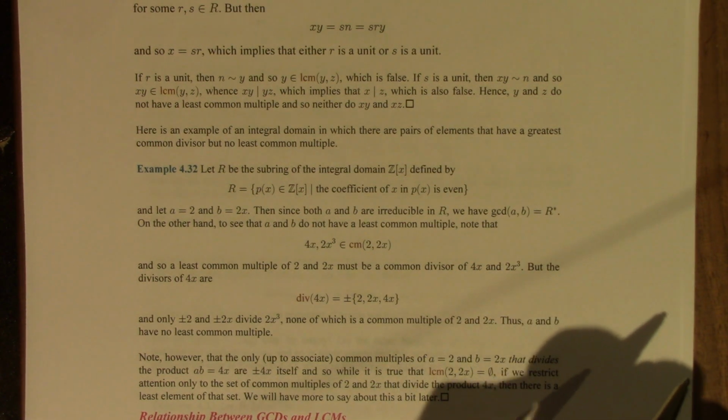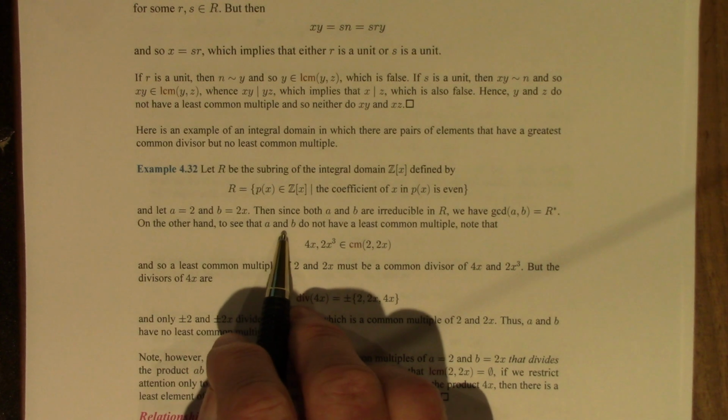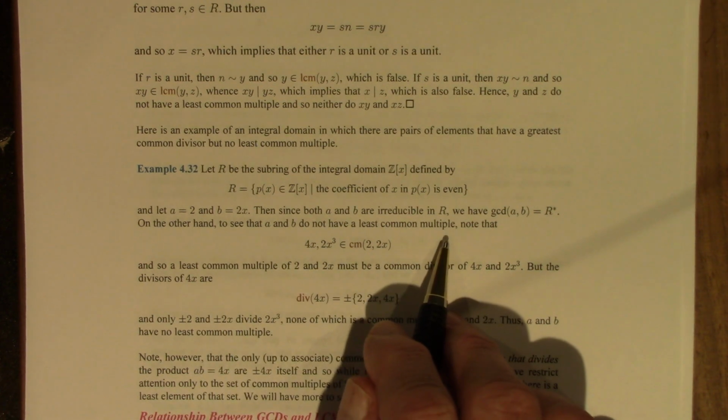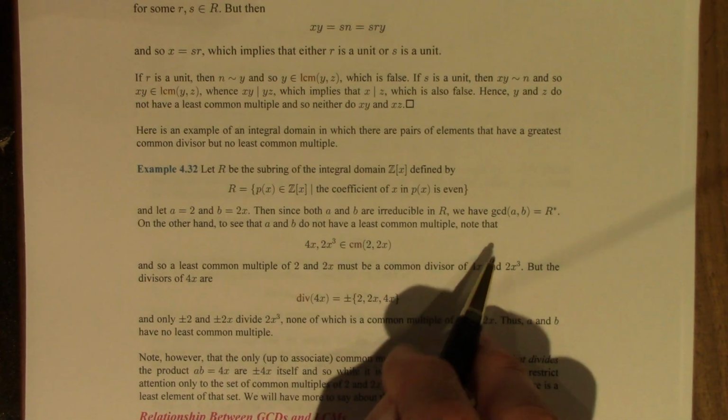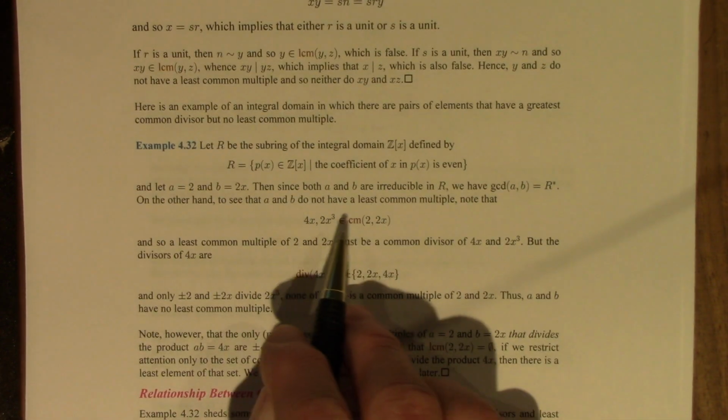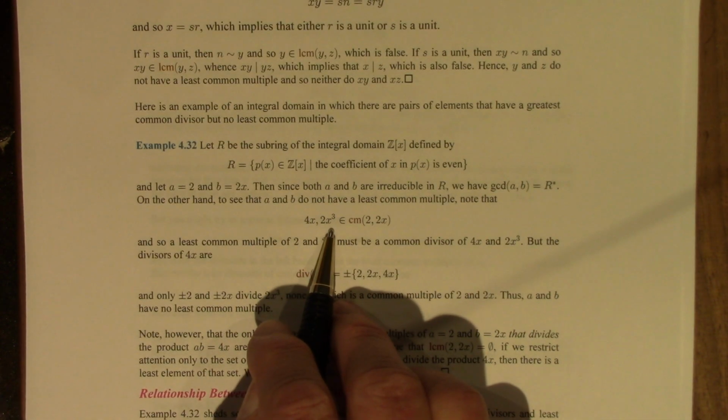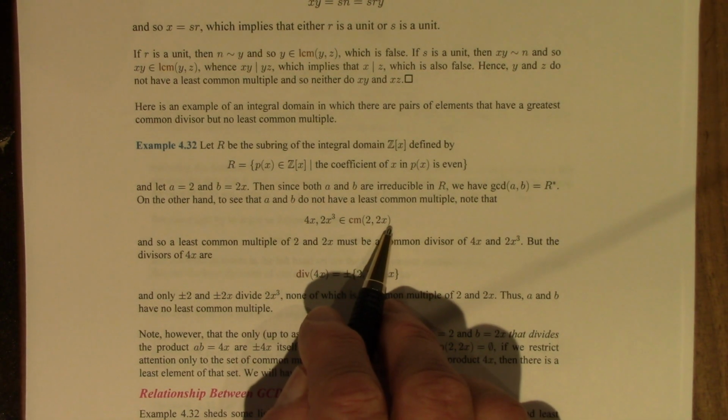On the other hand, to see that A and B do not have a least common multiple, observe that 4x and 2x cubed are common multiples of 2 and 2x.